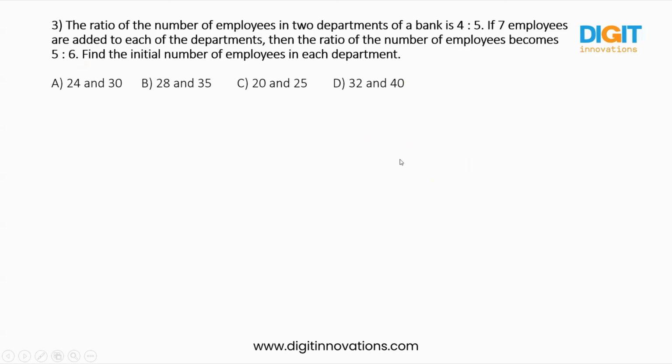Next one: the ratio of the number of employees in two departments of a bank is 4:5. If 7 employees are added to each of the departments, then the ratio of the number of employees becomes 5:6. Find the initial number of employees in each department. So the employees in the two departments are in the ratio of 4x, 5x.